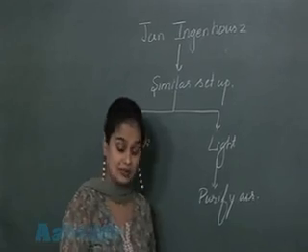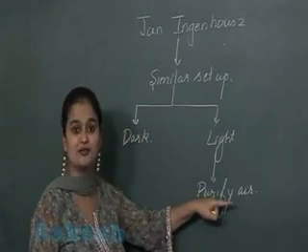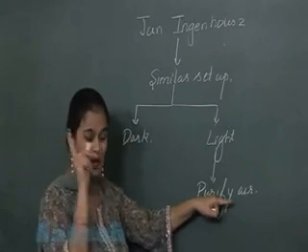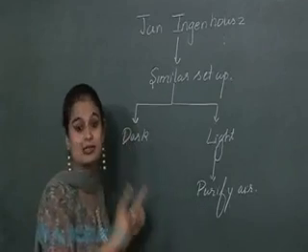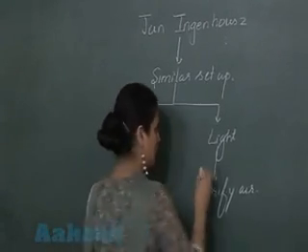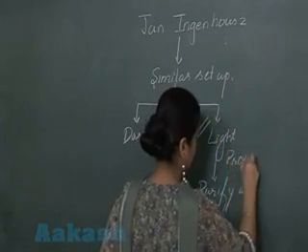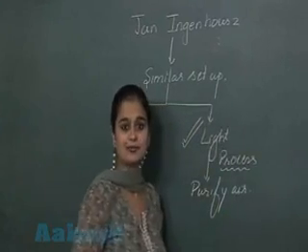It means that the process involved in the purification of air requires light. So one of the essentials for that process is light. So this is how Jan Ingenhousz showed that light is essential for the process which purifies air.